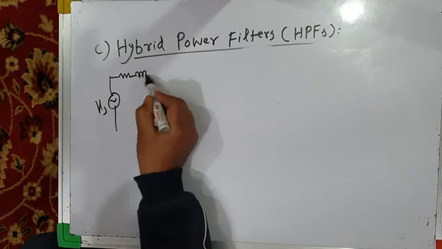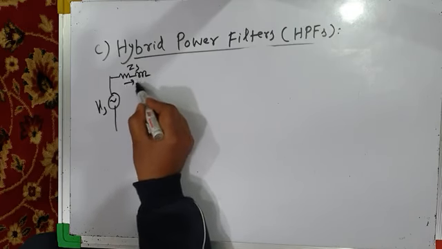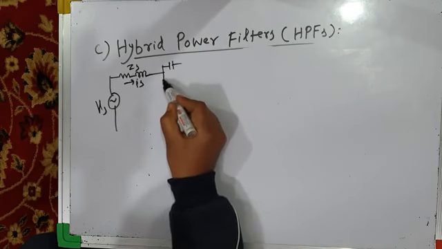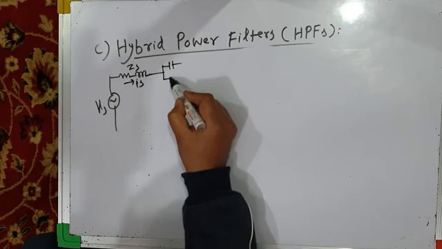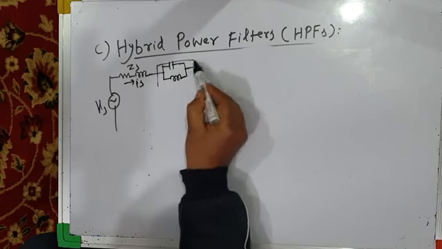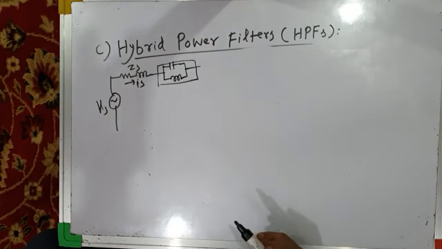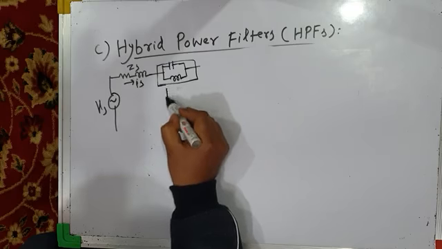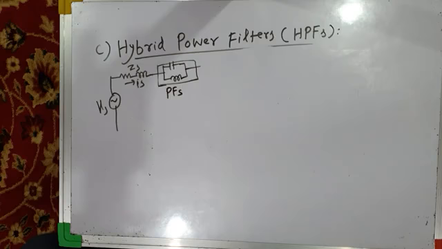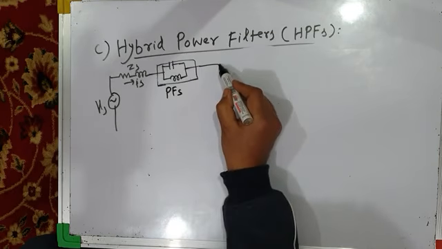This is source or line impedance ZS, source current IS. You may have a series passive filter like this. I will write PF means passive filter, S means series. And you may have a shunt passive filter also.